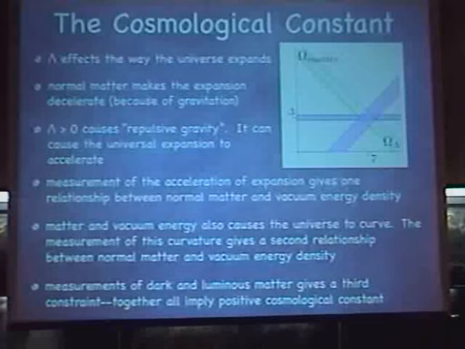Now, depending on how much matter there is in the universe, how dense stuff in the universe is, this could mean different things. We can certainly imagine that if there was a whole lot of mass in the universe, then the expansion would slow down until it finally stopped, and then everything would fall in and crunch again. Or we could imagine that if there really wasn't a lot of matter, then maybe the expansion gradually decreases in speed, but it never really stops, and the universe just expands forever.